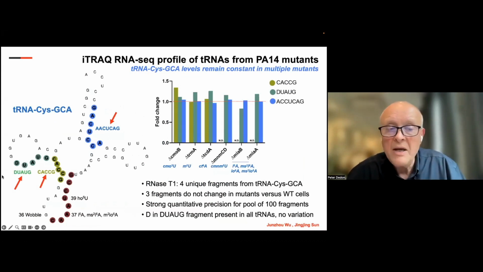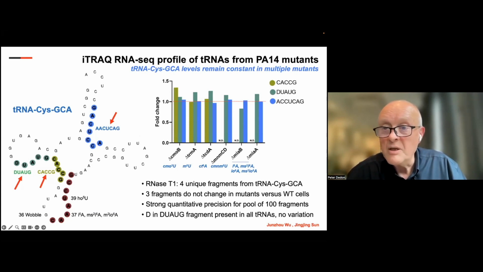All right, so let's look at one isoacceptor. This is tRNA cysteine GCA. And here ribonuclease T1 digestion gives us 4 fragments that are color-coded here, and we're going to quantify those 4 fragments. If we look at 3 of them in 6 different mutants, and these are different tRNA-modifying enzyme mutants in Pseudomonas, you can see that across that spectrum of mutants, this isoacceptor is pretty constant in abundance.